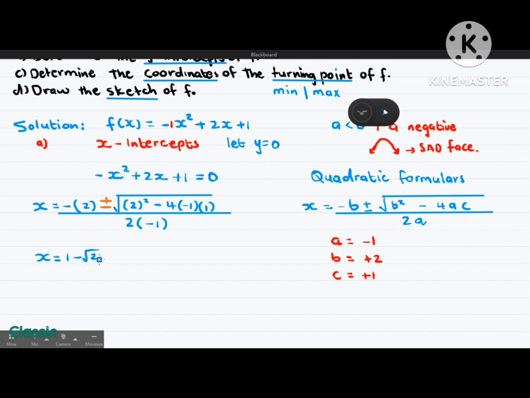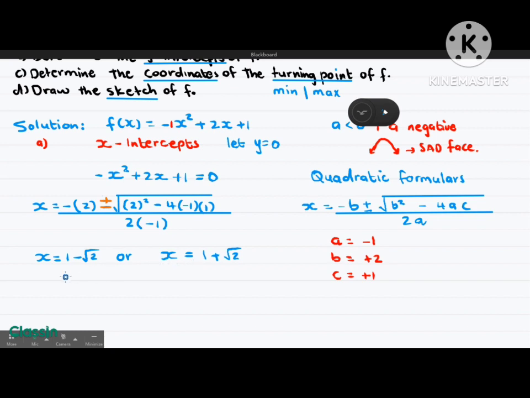Or if you remove this positive and press it as negative, you don't need to go back and retype this again. The other value of x will be 1 plus root of 2. So these are the two x values that we need.